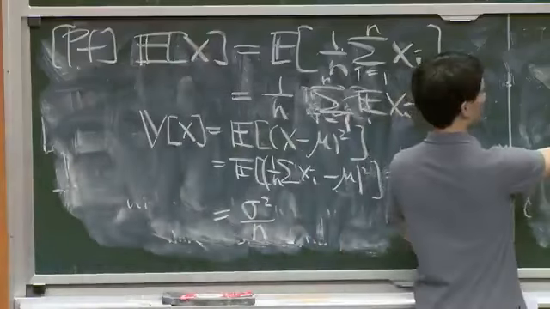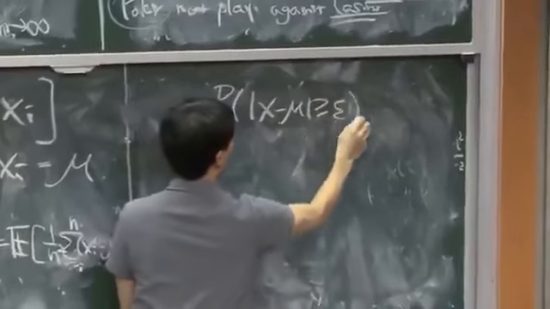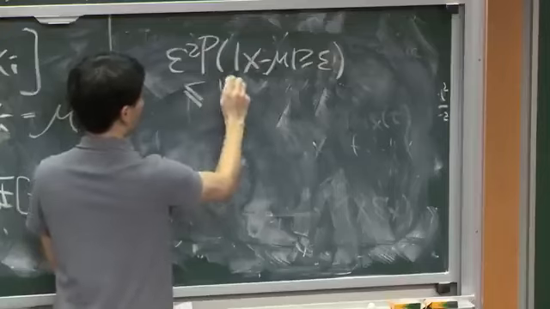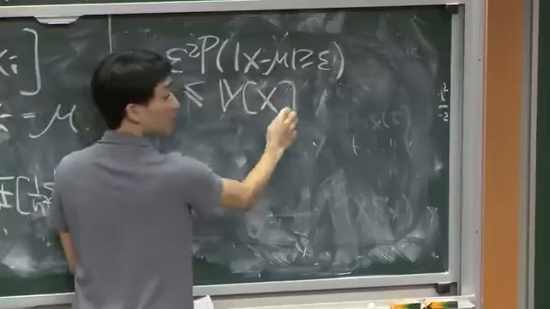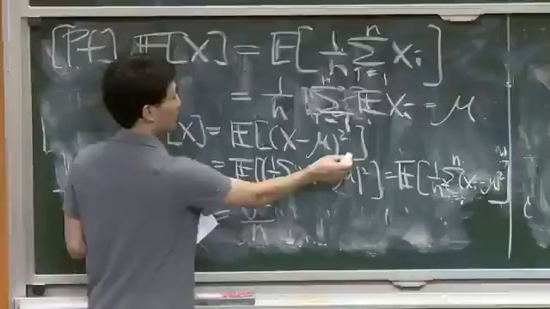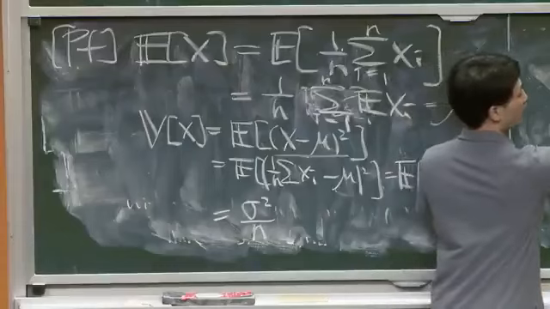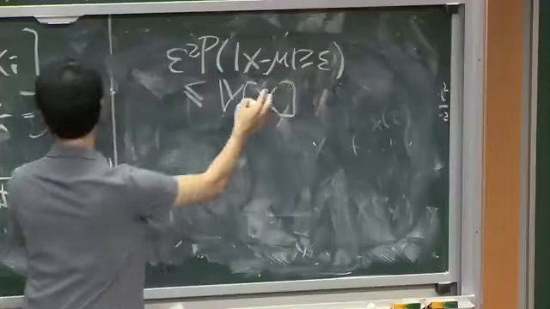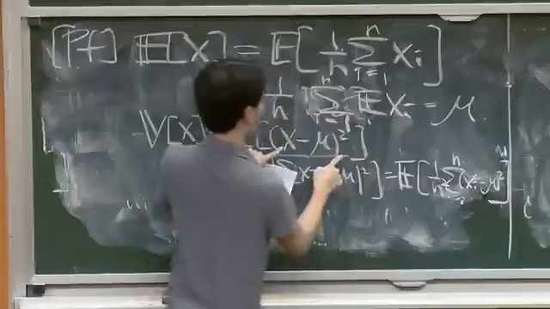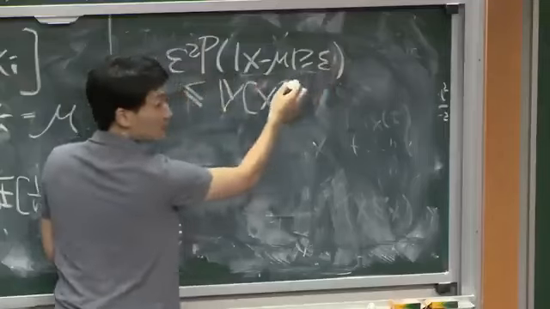There's only one thing you have to notice: the probability that |x̄ minus mu| is greater than epsilon, when you multiply this by epsilon squared, will be less than or equal to the variance of x̄. The reason this inequality holds is because the variance of x̄ is defined as the expectation of (x̄ minus mu) squared. For all the events where |x̄ minus mu| is at least epsilon, your multiplying factor (x̄ minus mu) squared will be at least epsilon squared.